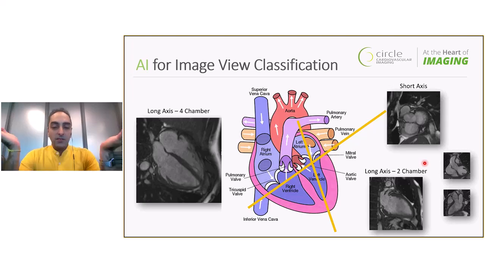Now, one way to do this is to ask the technician to encode information about which orientation they're imaging into the header information of the image. So typically, medical images are encapsulated in this format called the DICOM format, which allows different manufacturers and vendors of medical images to add this metadata to the image.